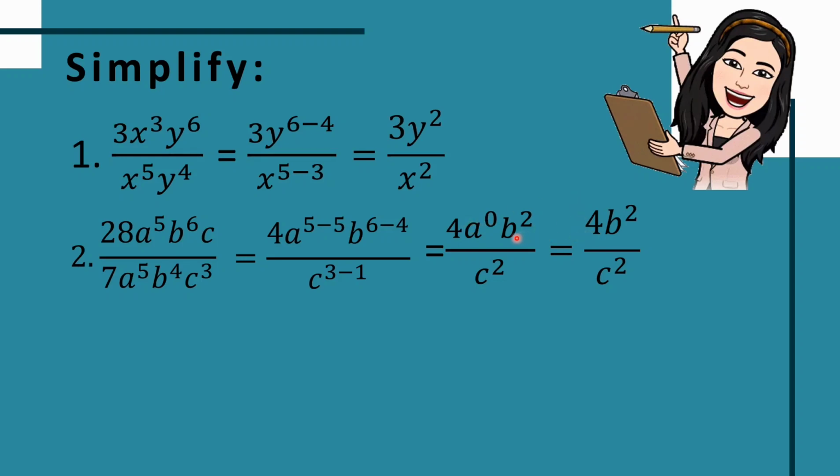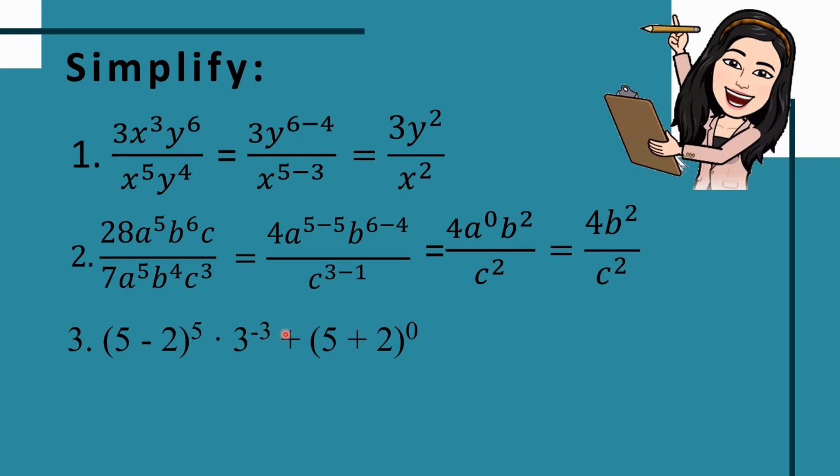Okay? So, let us have another. What if the given is like this? The quantity of 5 minus 2 raised to the power of 5 times, yung dot na yon sa gitna means multiplication, times 3 raised to the negative 3 plus this quantity of 5 plus 2 to the power of 0.